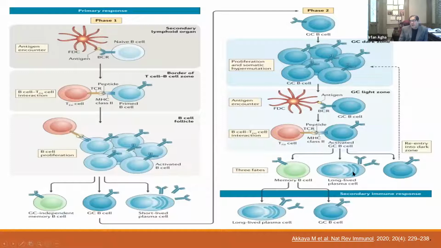Or they can turn into long-lived plasma cells. Long-lived plasma cells typically migrate back to the bone marrow. They live in the bone marrow niche. They are CD19 negative, CD38 positive, CD138 positive cells. So that's their phenotype.